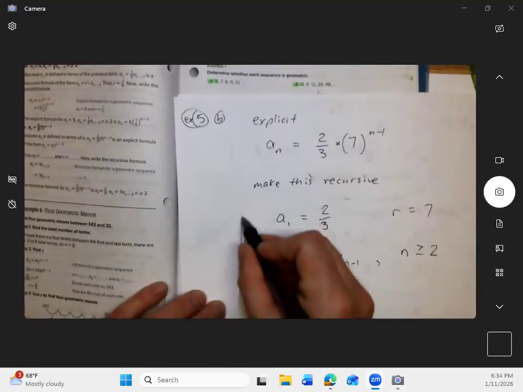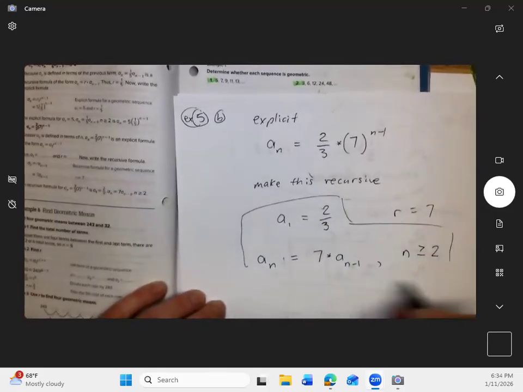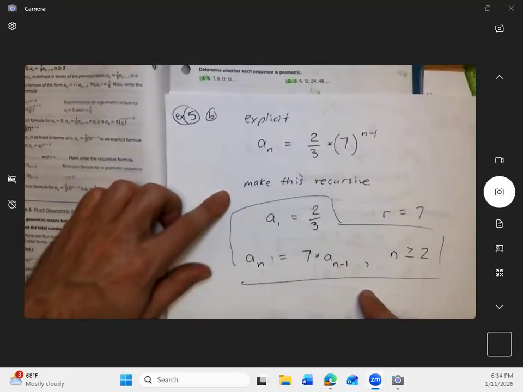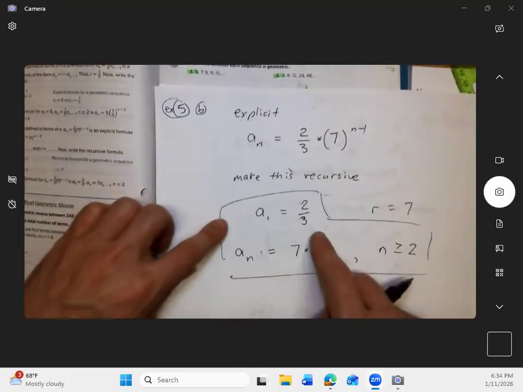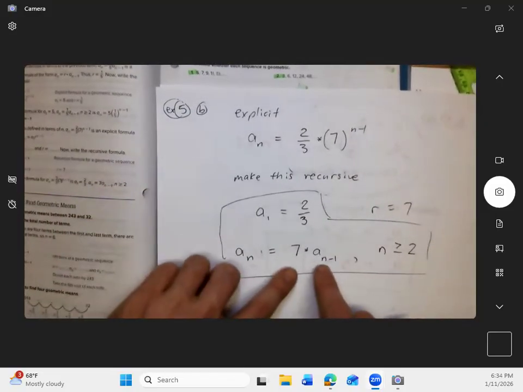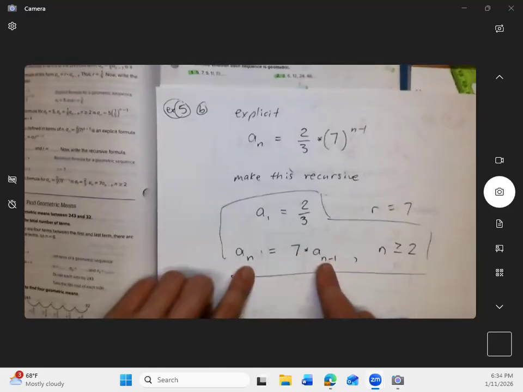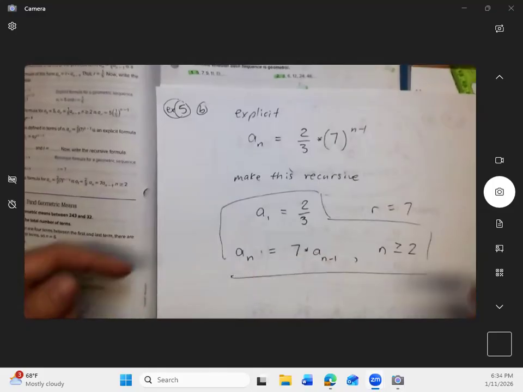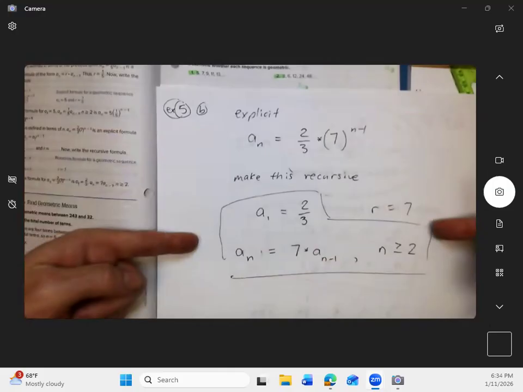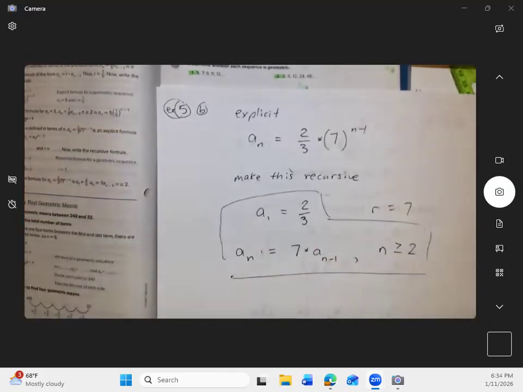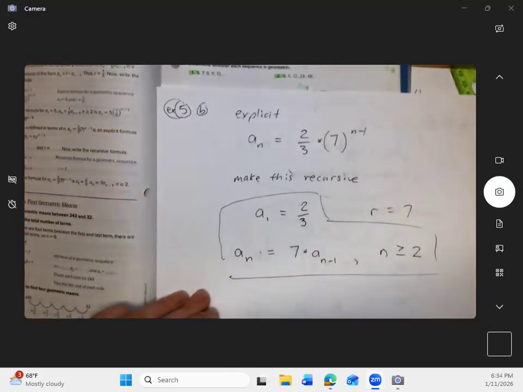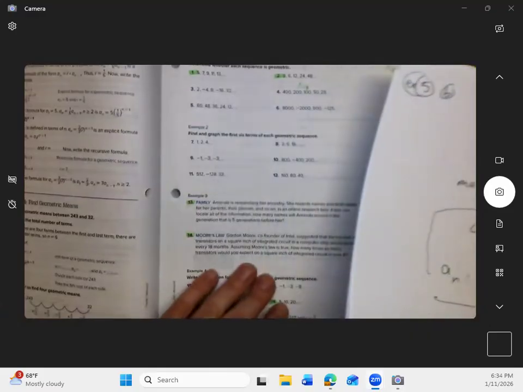So I think these two parts together are the recursive formula collectively. I'm telling you the first term, and then I'm saying whatever the previous term is times 7 will give you the next term. So this is explicit, this is recursive, and they'll both give you the same sequence.